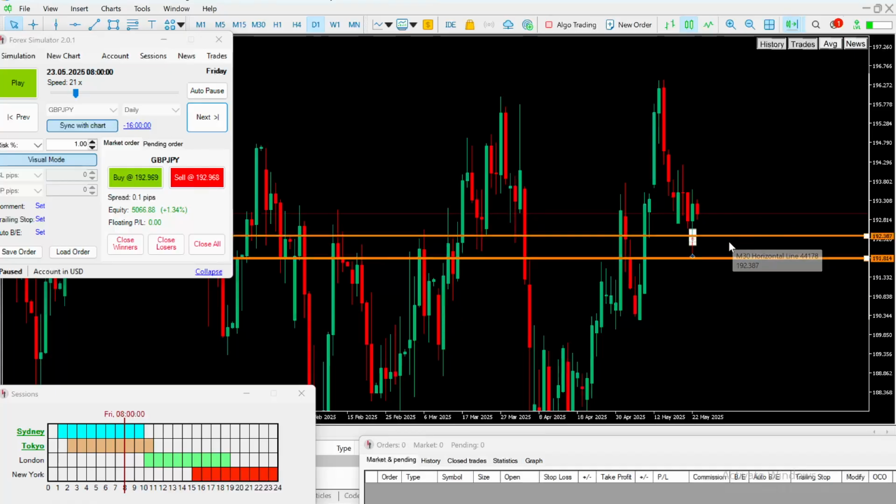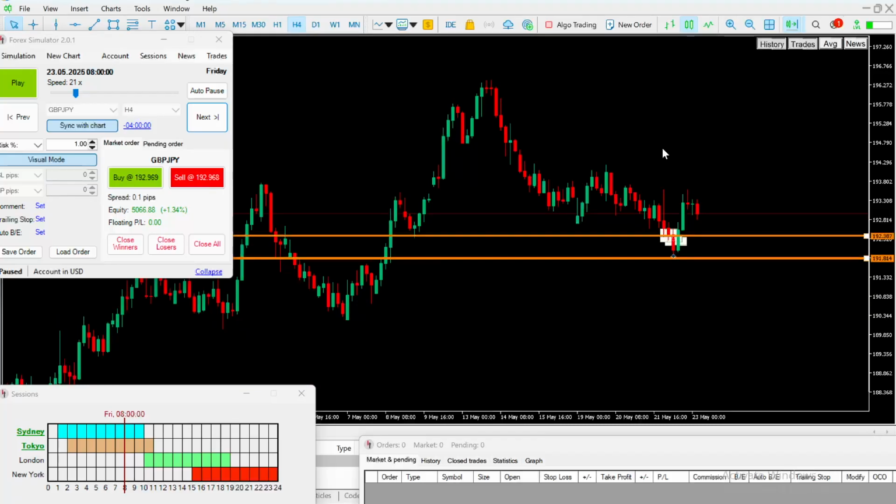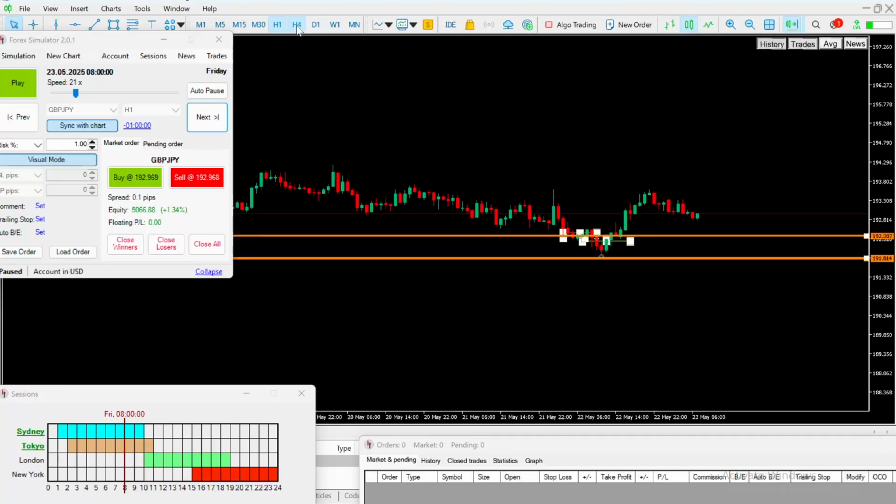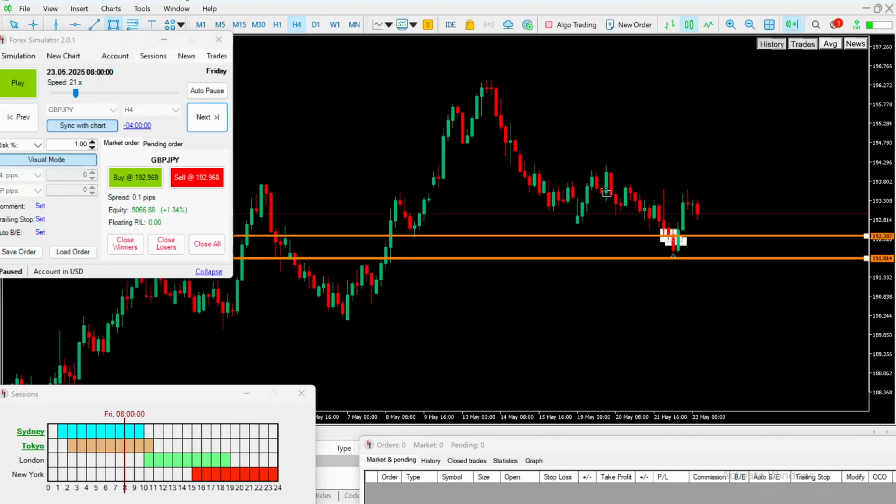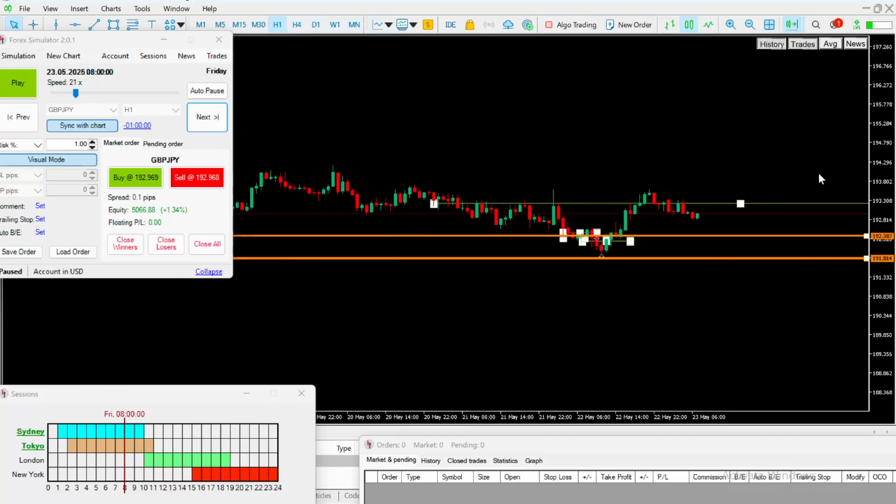Daily is, yeah, it's tricky. The 4 hours is creating lower lows, so it looks like we're going down, but the 4 hours is creating this. Yeah, it looks like we're going down.